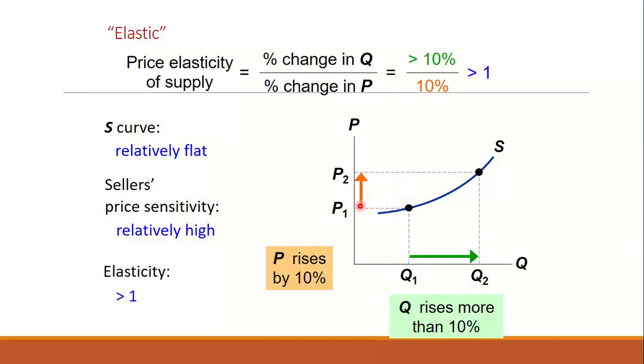If we add these values in this formula, the percentage change in quantity is greater than 10%, you can add any value, over the percentage change in price, that is 10%, so it is greater than 1. So here the elasticity is greater than 1 and we can call it elastic supply. Here the supply curve is also a bit flatter as compared to the previous case.